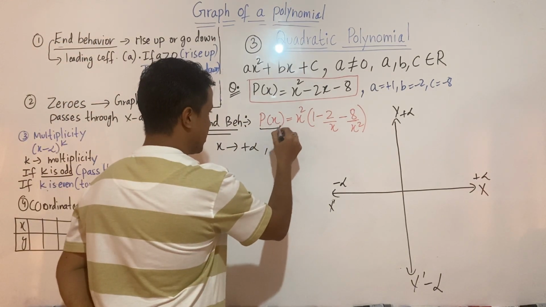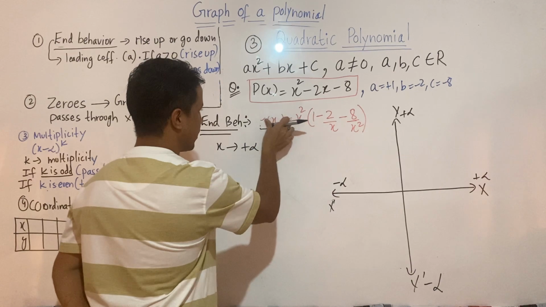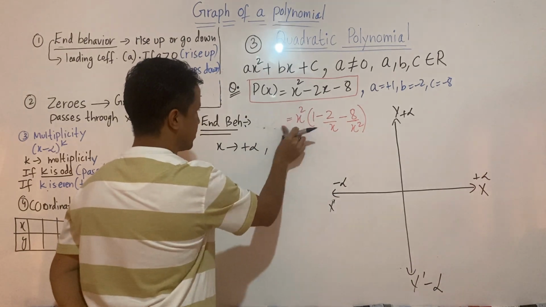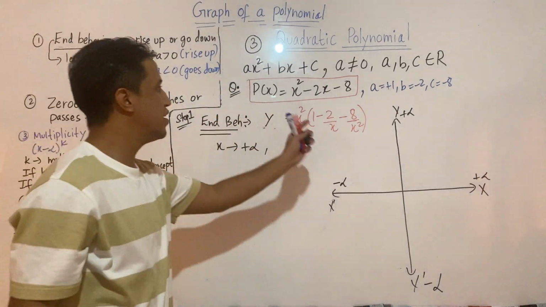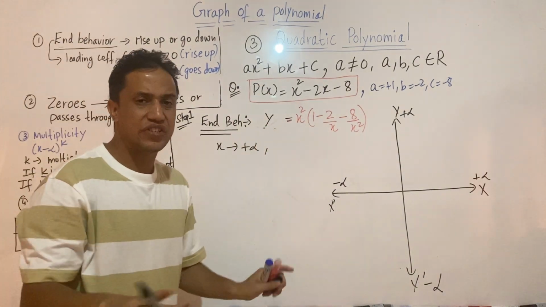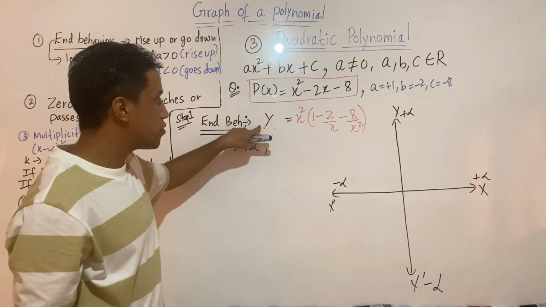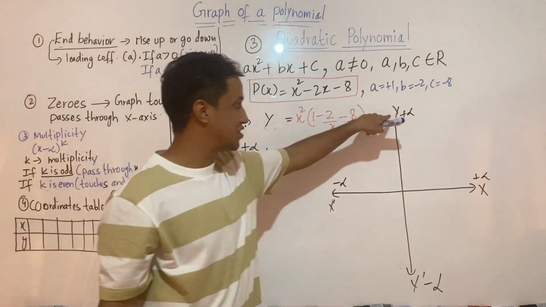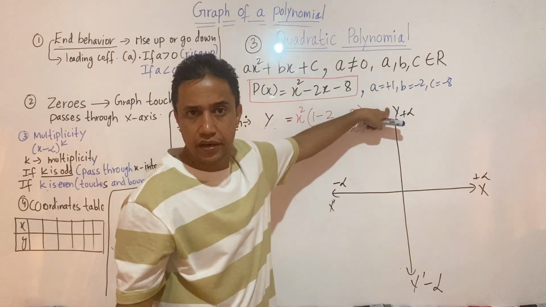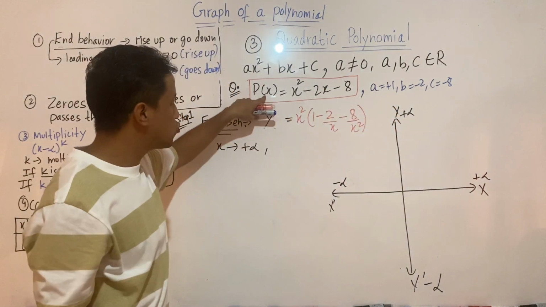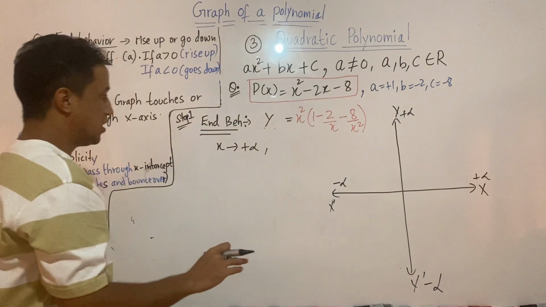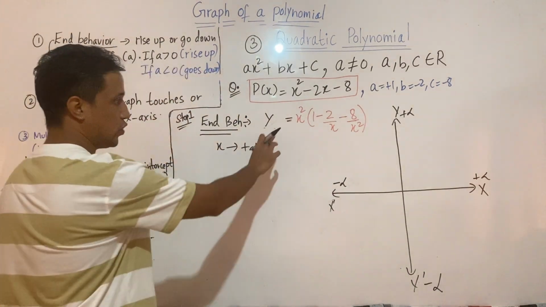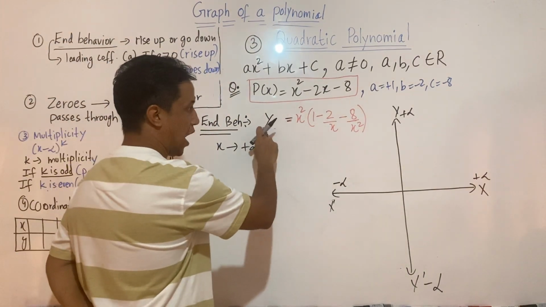Here you can represent it with y, because it's a function of x. If I want to represent it with p(x), then instead of y, I have to write p(x). But if I want to represent it with y, then this is okay. So do not worry. Now if x goes to infinity, then what happens to y?